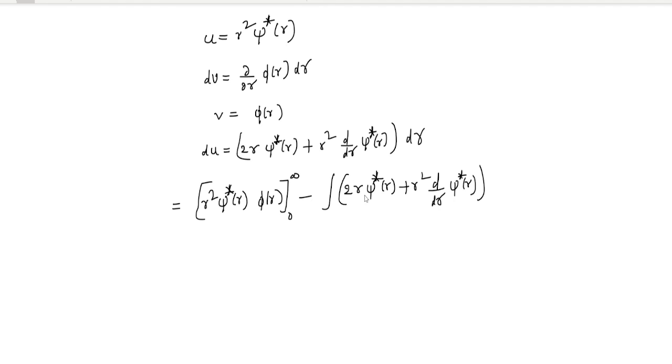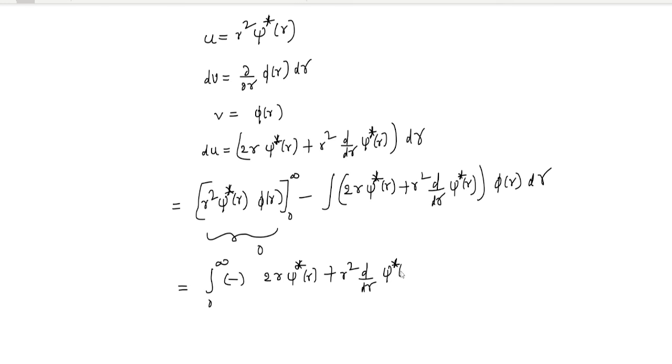So this boundary term is 0. The remaining portion is minus the integral from 0 to infinity of 2r ψ*(r) plus r² d/dr ψ*(r), times φ(r) dr. Be careful about the minus sign.